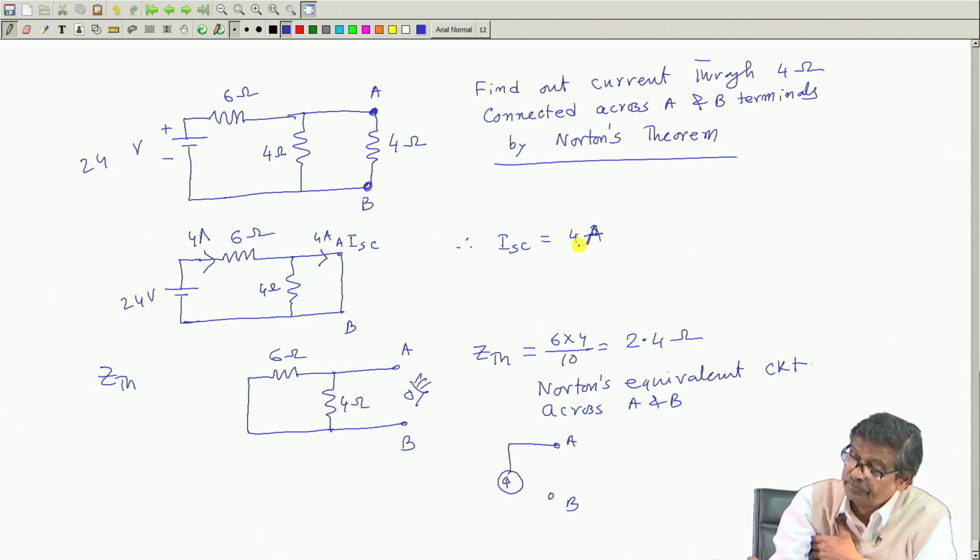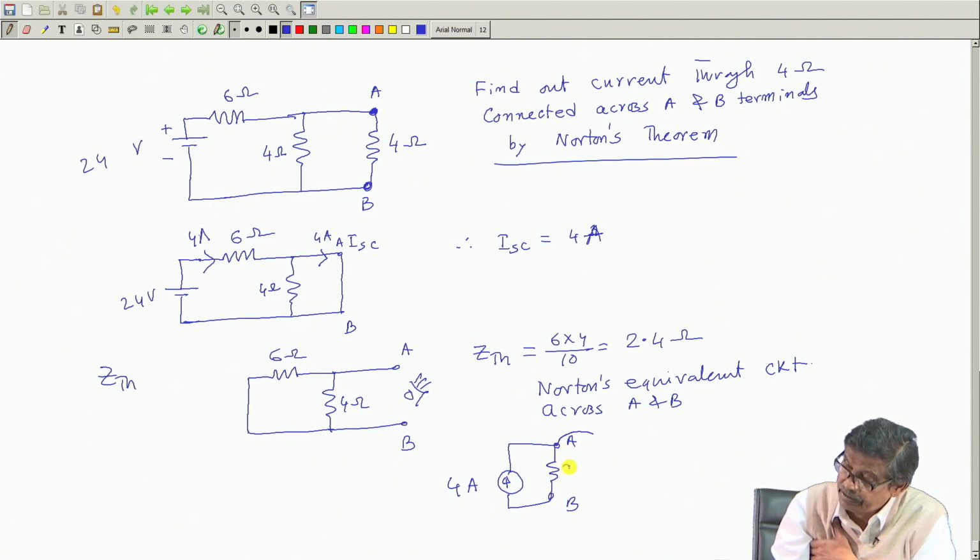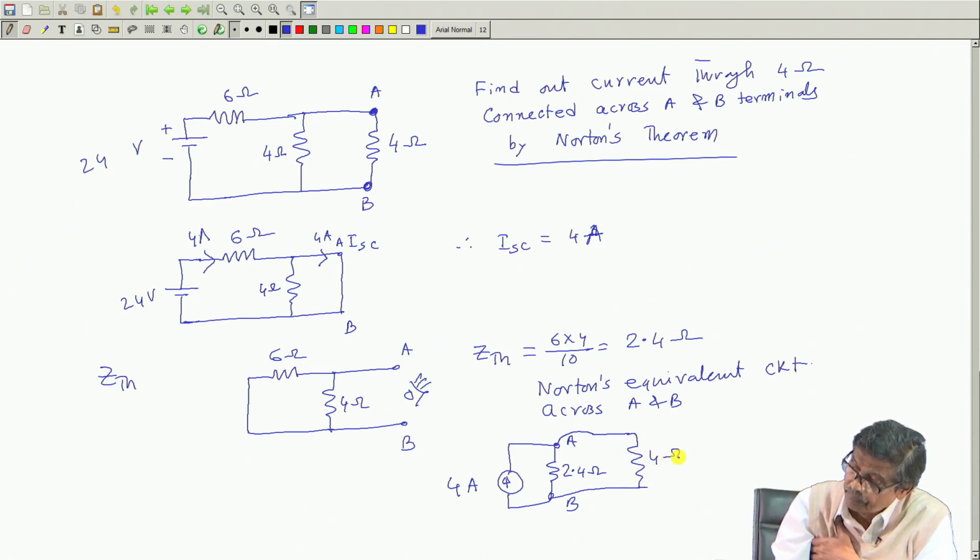What will be the value of this current source? 4 ampere, and in parallel with this Z Thevenins 2.4 ohm, it is there, and then your this 4 ohm, this is 4 ampere. So, what will be the current?